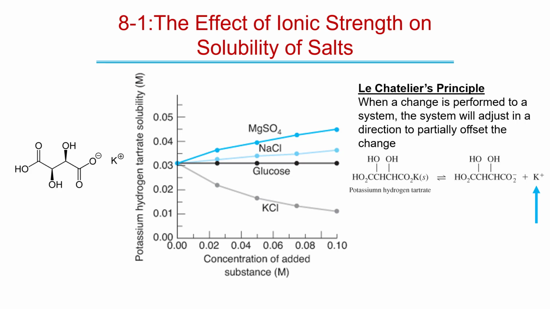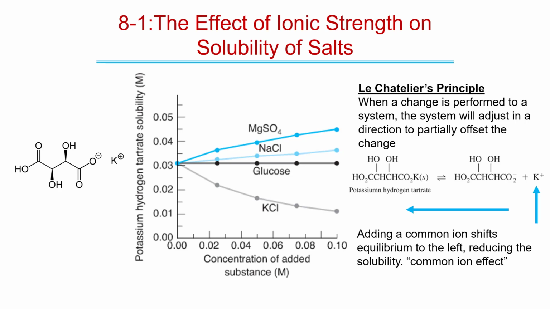And so if I throw in extra potassium now, what direction is that going to shift equilibrium? When we throw in extra potassium, what we're essentially doing is shifting equilibrium to the left, because now that we've thrown in extra potassium, Le Chatelier's principle says we need to offset that change. And so how does it do it?